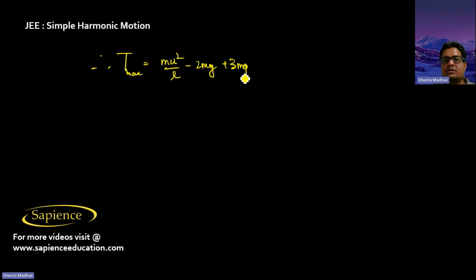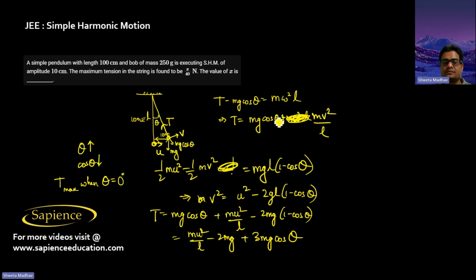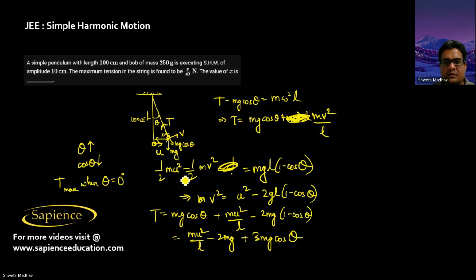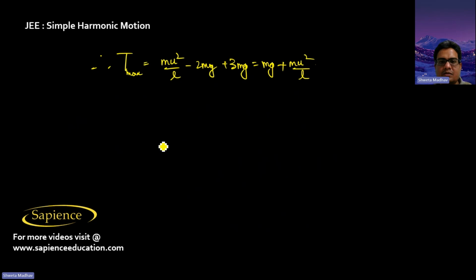That is mg plus m u square by L. And then what will be u, that we can find out.